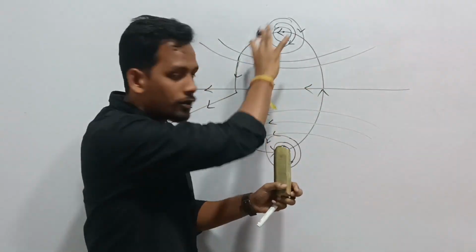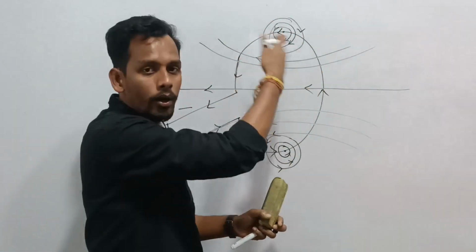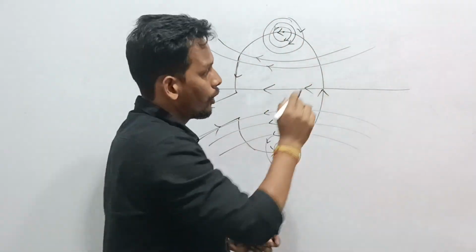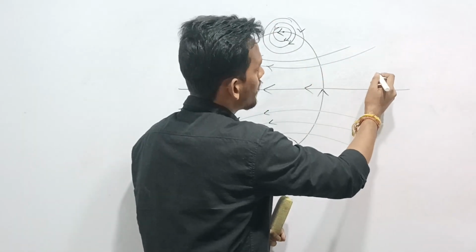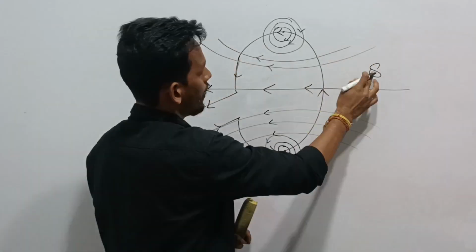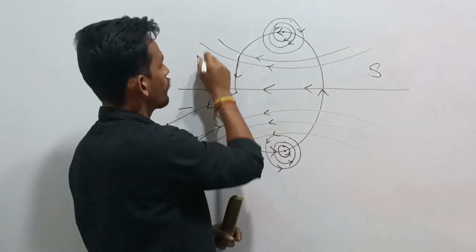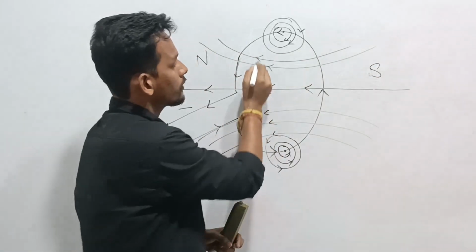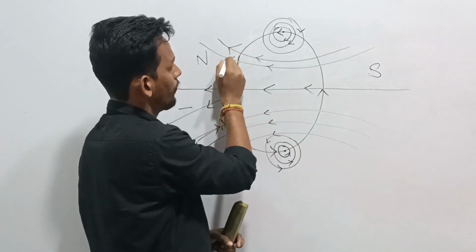Now, if you consider the whole circular loop, in that case, this side will be termed as south and this side will be termed as north. Why? Because see the direction of magnetic field.